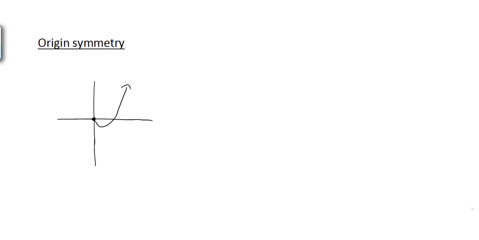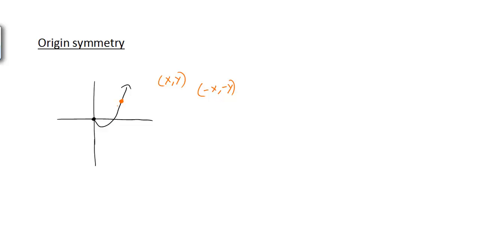All right, one last example where we want to complete this graph given that it is symmetric to the origin. And again, maybe you want to pause the video and see if you can figure this out. If this is going to be symmetric to the origin, then if we pick a point, and you could pick a point here and make up some numbers if you're not sure how to complete this graph, realize if this is x, y, then the point negative x, negative y must also be on the graph.